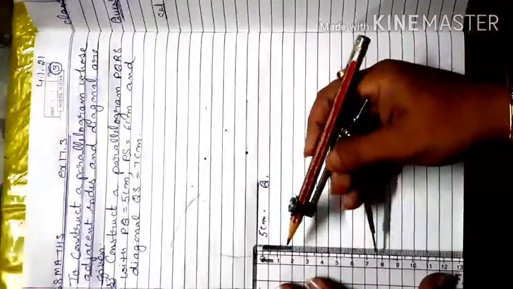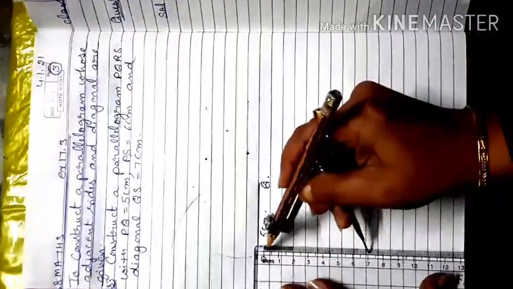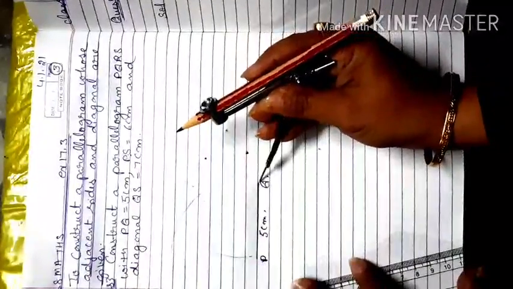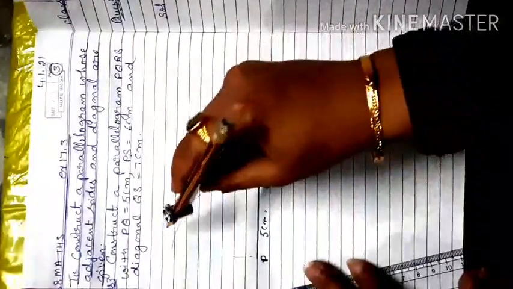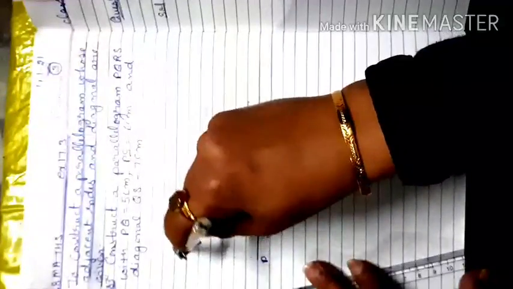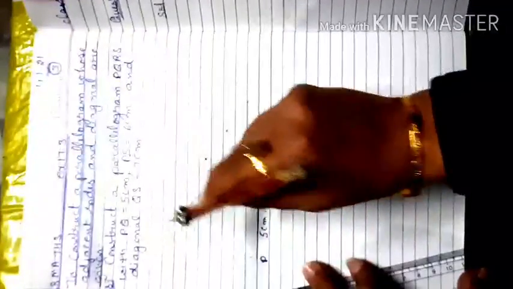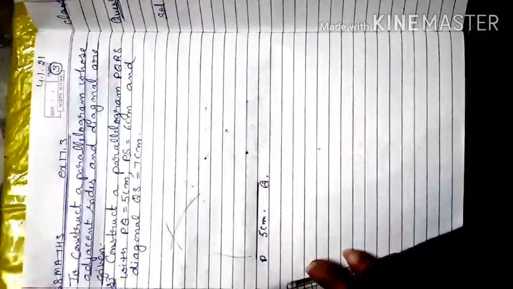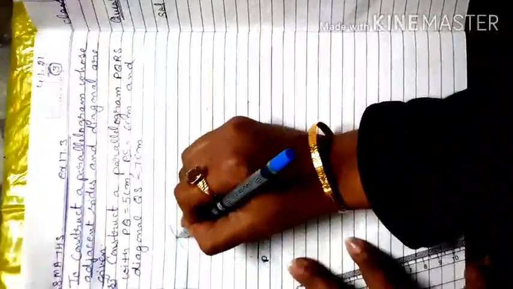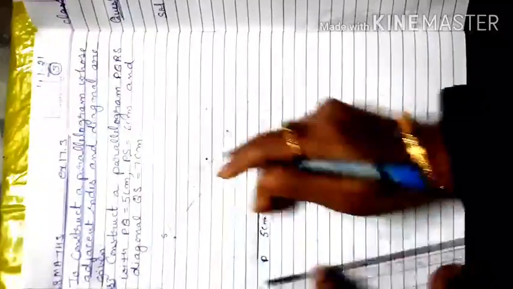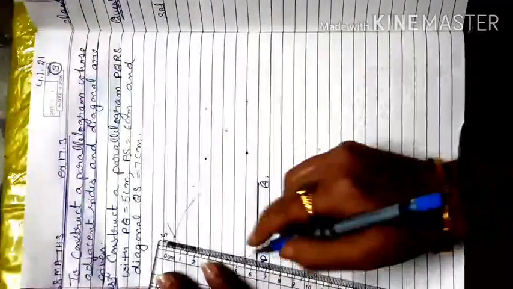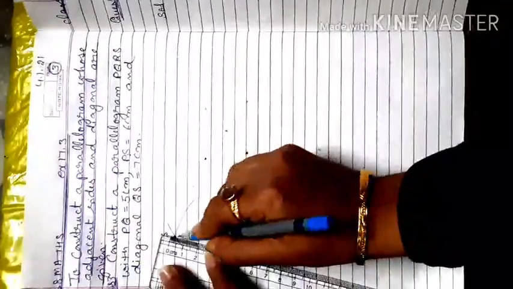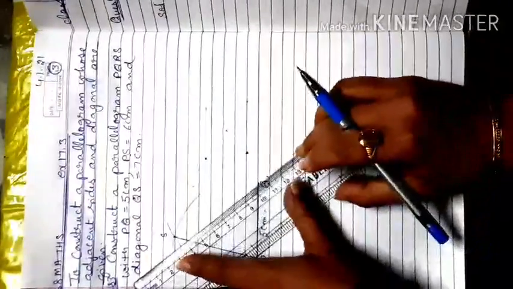Now I open 7 centimeter because I need Q as center with radius 7 centimeter, and I cut the previous arc at the distance of 7 centimeters. So here I will mark a point, because this is connected with S. So if you join that, that is PS and this is SQ.